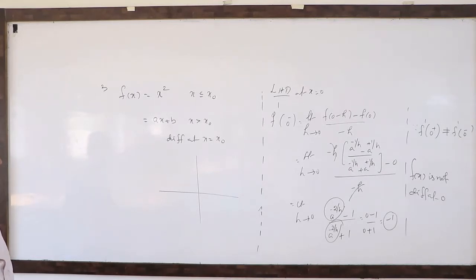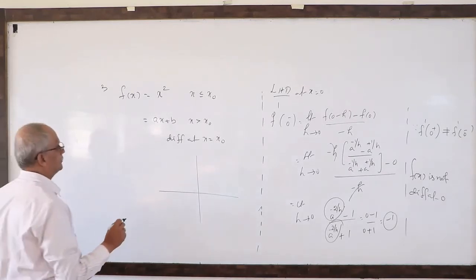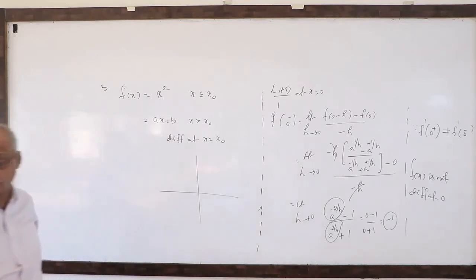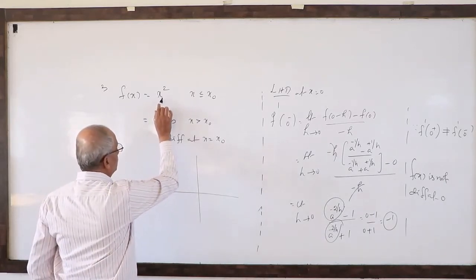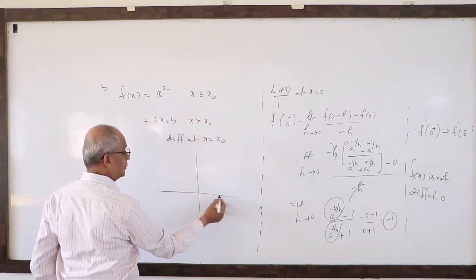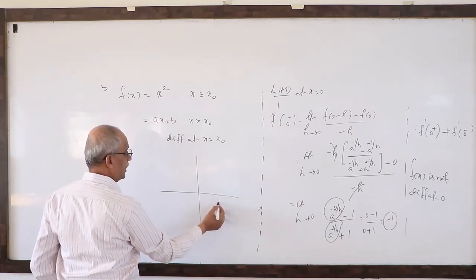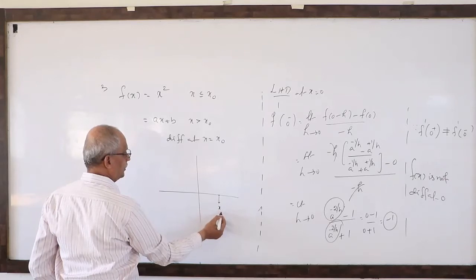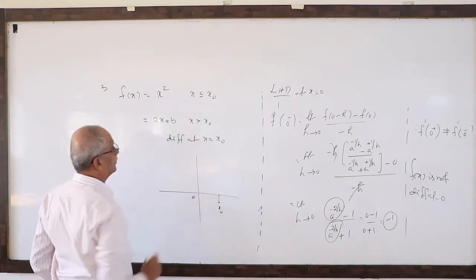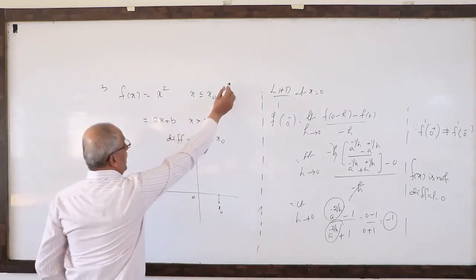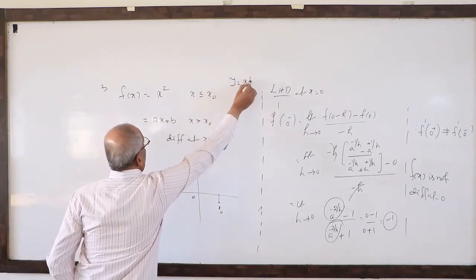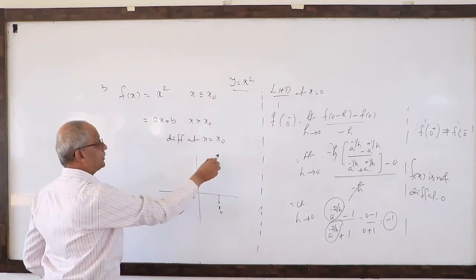Before x naught, it is a parabola. y equal to x square is a parabola. Assume that x naught is here, this is called x naught, like 3. What is the y equal to x square graph? It is a parabola, we know that, like this.